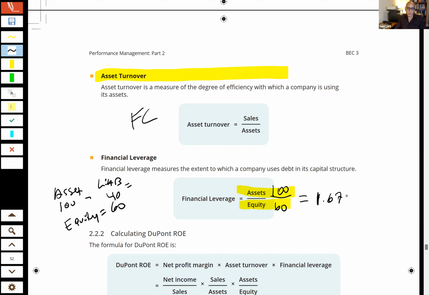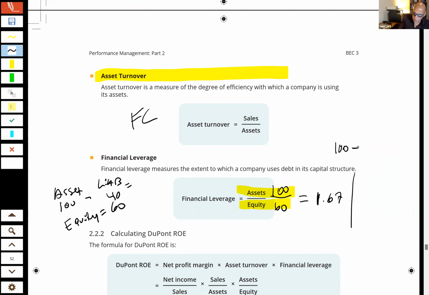Now, as we said before, financial leverage is this notion that if you go ahead and take on more debt, you have financial leverage. So let's say this company decides to take on some more debt. Maybe think of an alternative company.